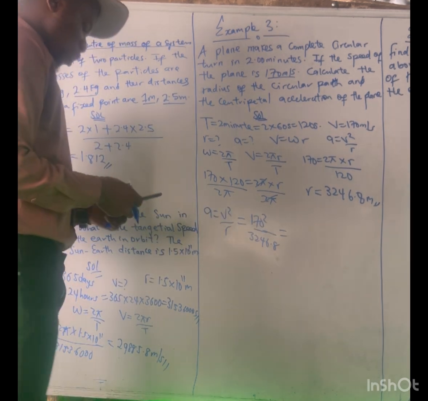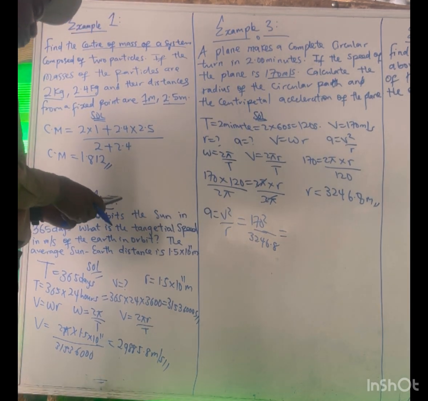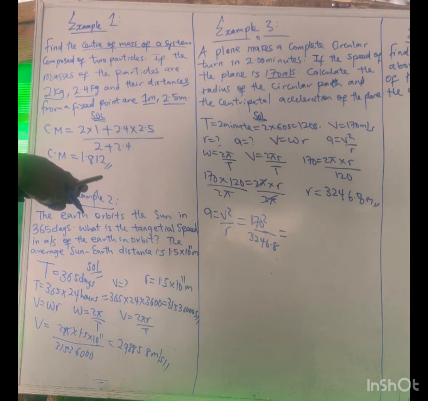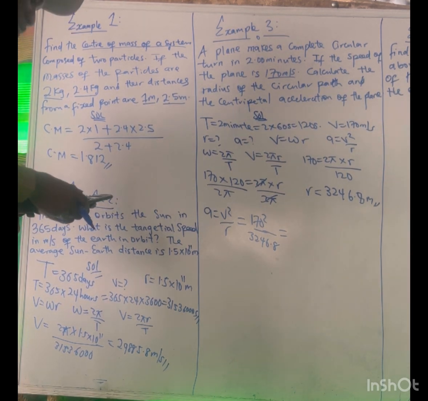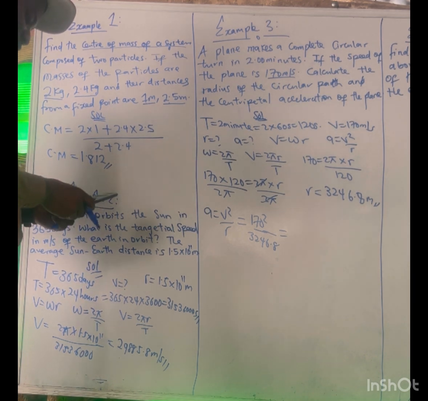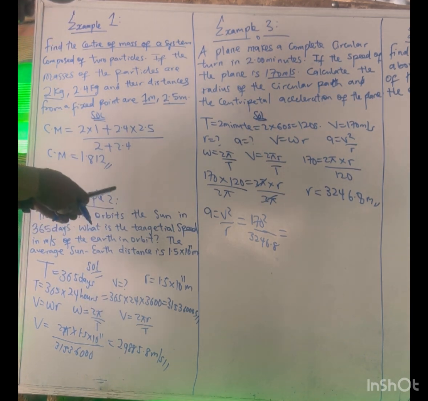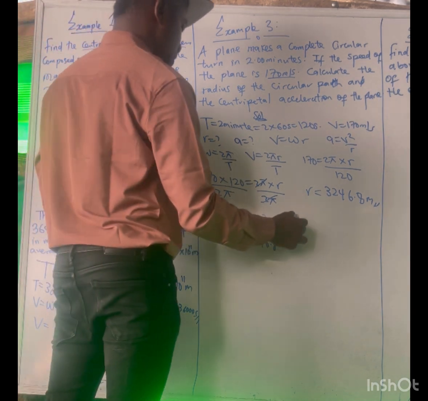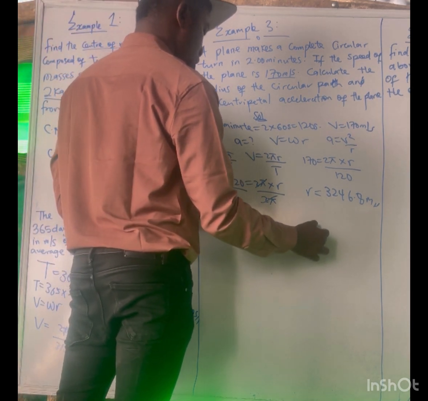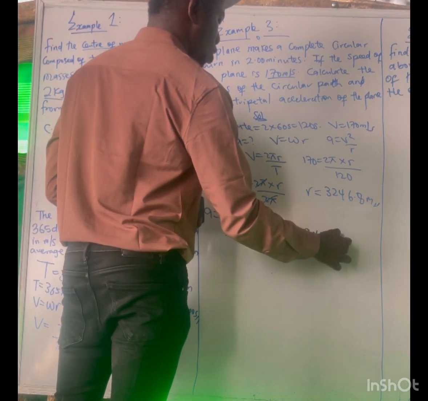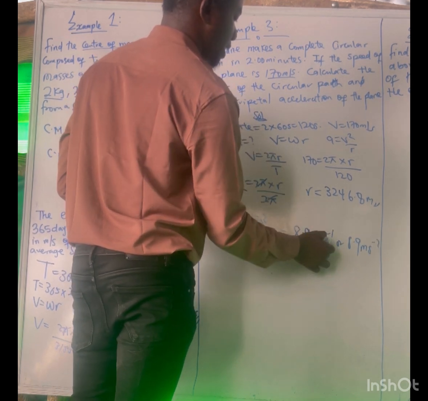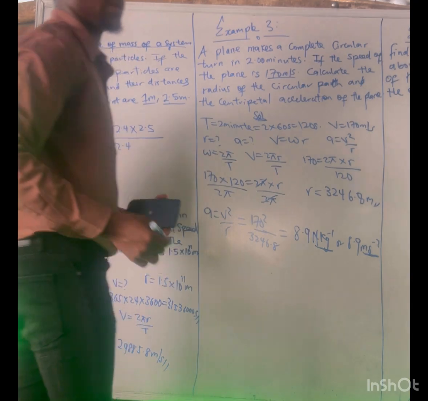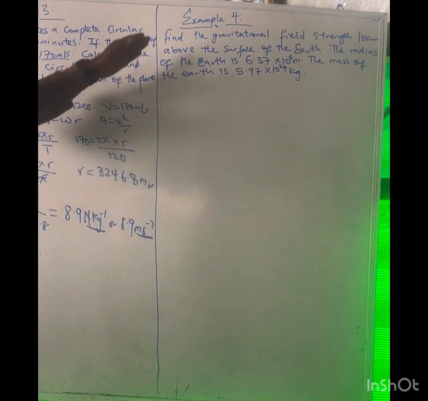Then if I solve this, that will be 170 squared over 3246.8. Then this gives me 8.9 newton per kg, or 8.9 meters per second squared. Newton per kg is the same thing as meter per second squared.